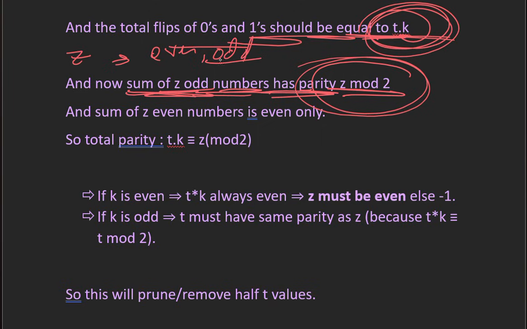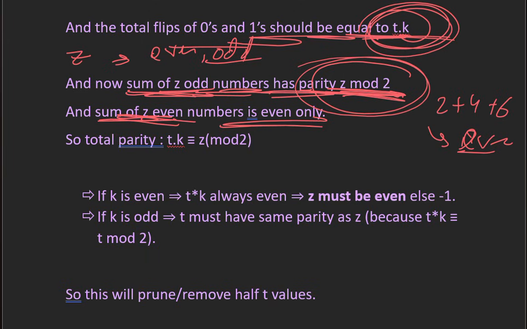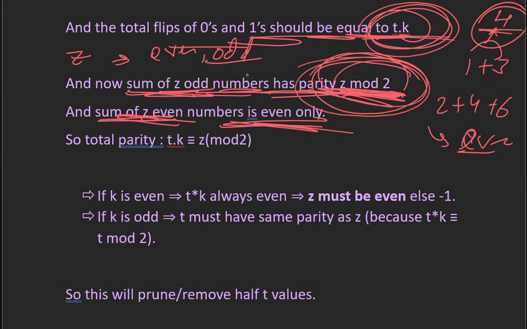So whatever result they have, that is z mod 2. And the sum of z even numbers is even only, because if we add different even numbers, at the end we'll get an even number only. But we can't say for odd numbers that if we add two odd numbers we will get odd. No, we can even get an even number also. So that is the parity we have to find in this case.